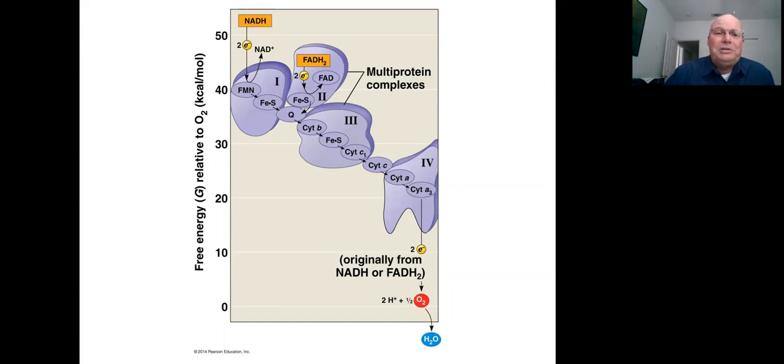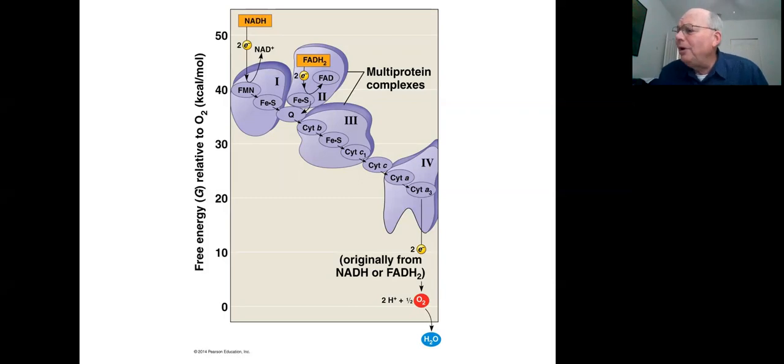So when the electrons start making their way through this progressively more electronegative, lower potential energy pathway, they get chased by hydrogen ions. And each NADH and each FADH2 give up a pair of electrons to the electron transport chain. So consequently, each pair of electrons has to be chased by a pair of hydrogen ions.